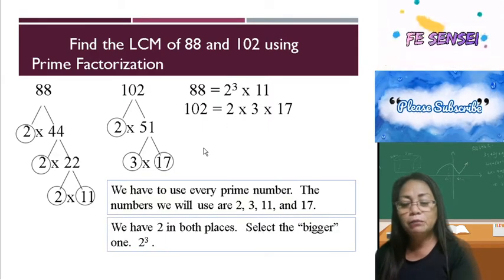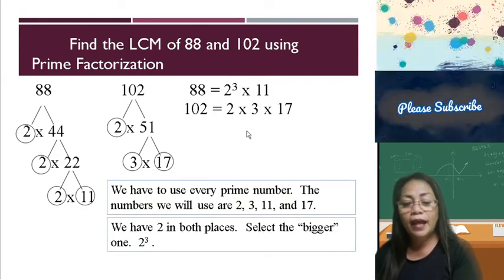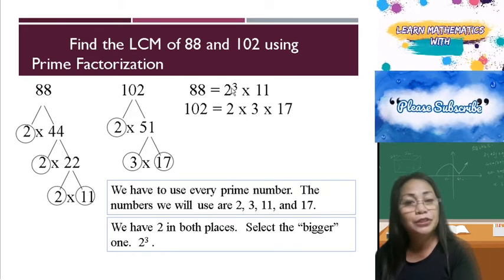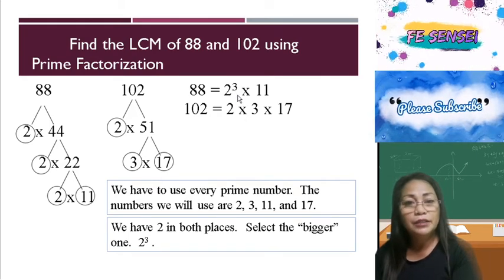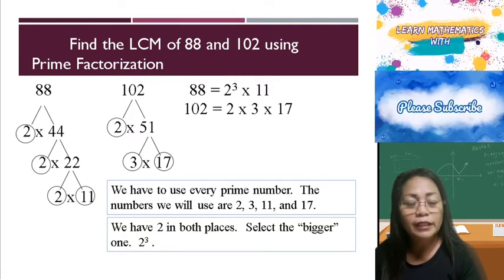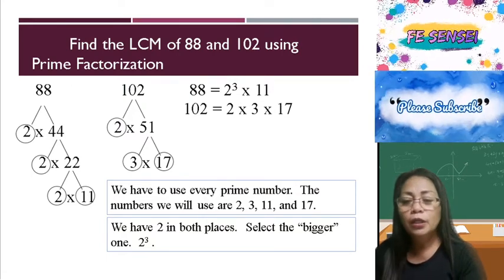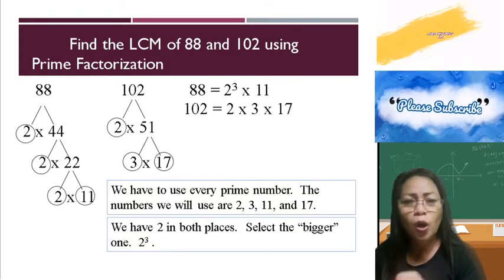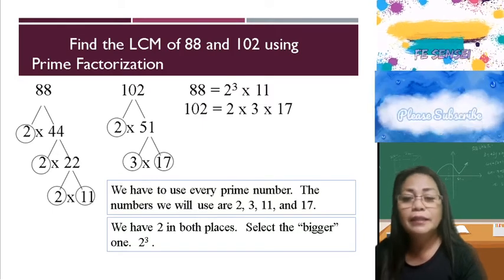We have 2 in both places. Then select the bigger one, that is 2 raised to the third power. If there is a common number in both numbers, always select the bigger one.